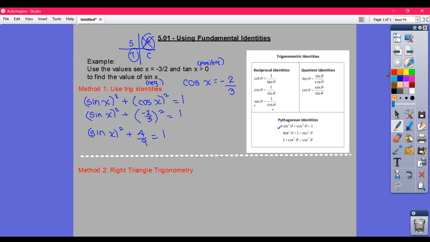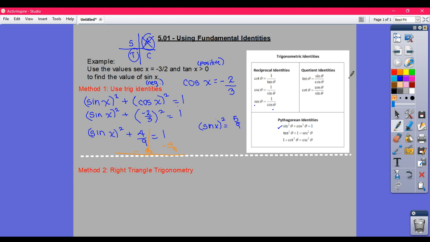Using your algebra, you're just going to isolate sine of x because that's what we're looking for. We're going to subtract 4/9 on both sides. Out of room on this one, so I'm going to just move it right here. So I'm going to get sine, which is still squared, equals 1 minus 4/9, which is 5/9.